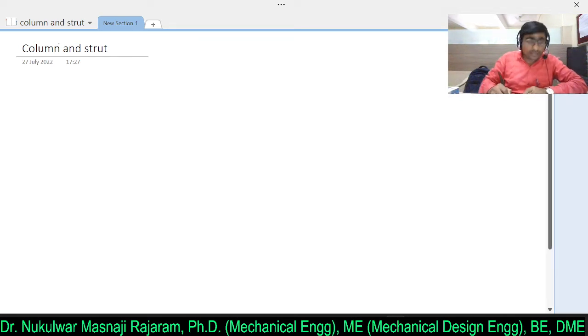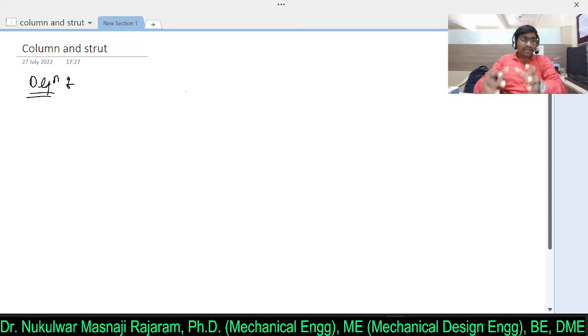So let's start with the definition of a column. A column or strut is defined as a member of a structure which is subjected to axial compressive load. Now I will draw one diagram.